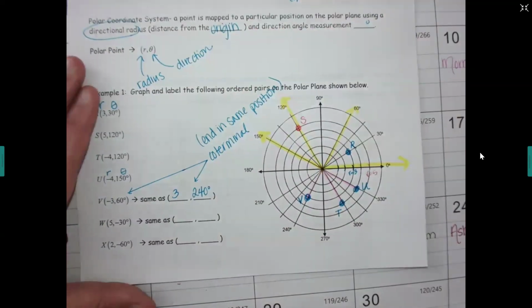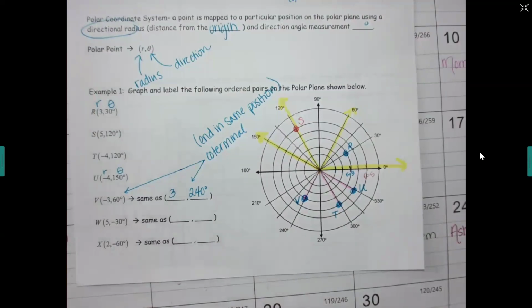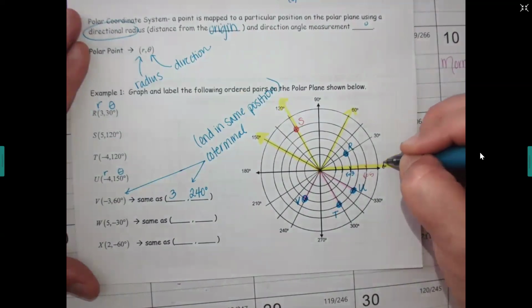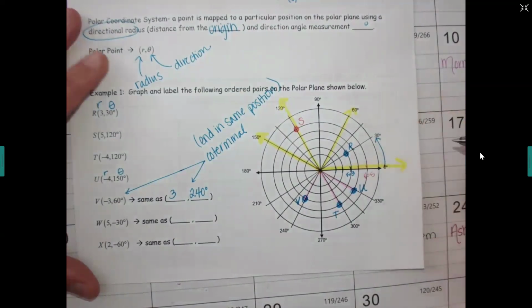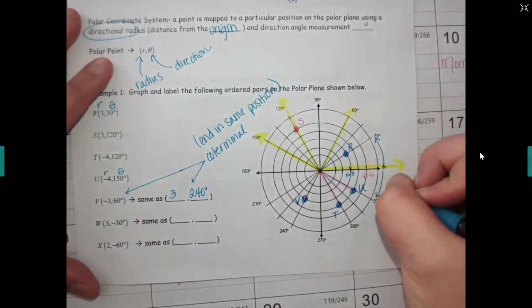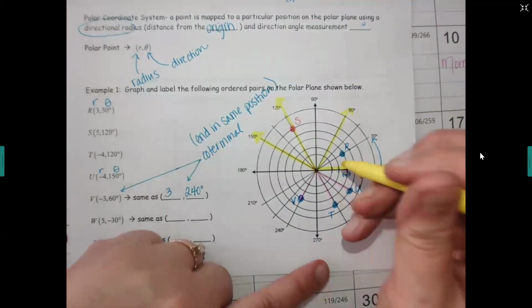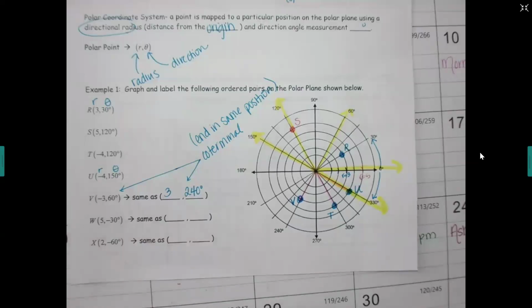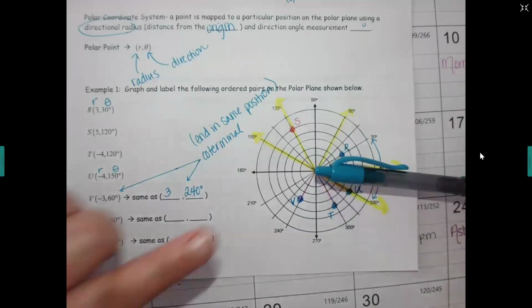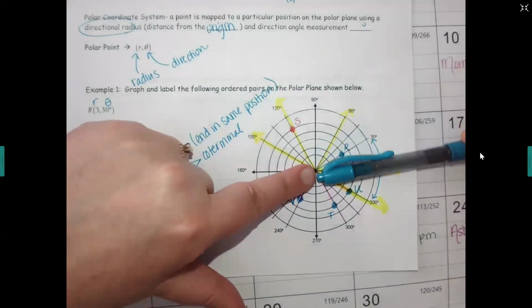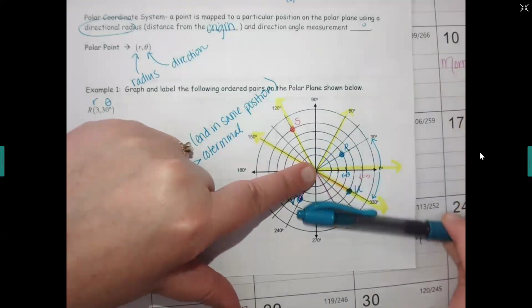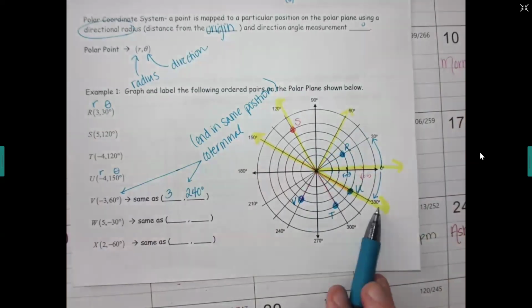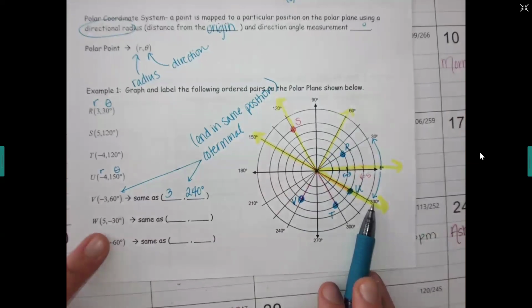Okay, next one, I want 5, -30. Well, you should know that if 30 degrees, you rotate up 30, then -30 would put you on this angle right here. Instead of me going 1 click up for 30 degrees, I would go 1 click down. So that would put me here. And then I want to go out to the 5th ring.